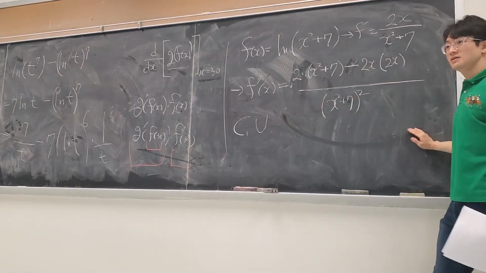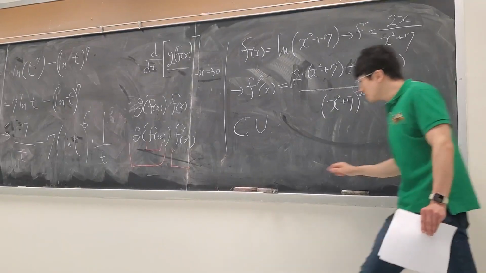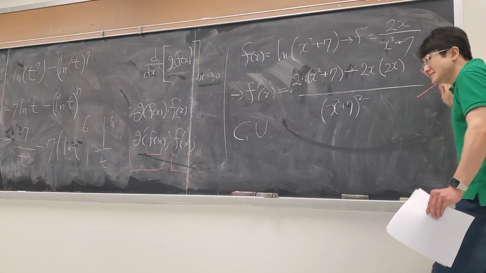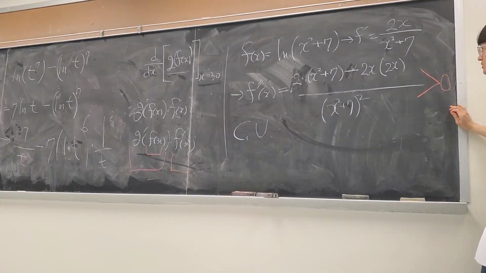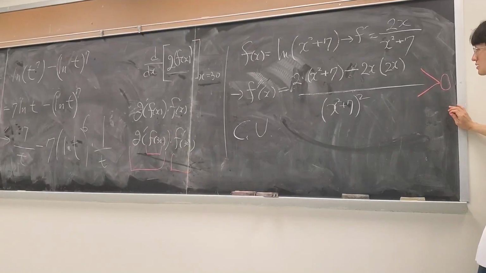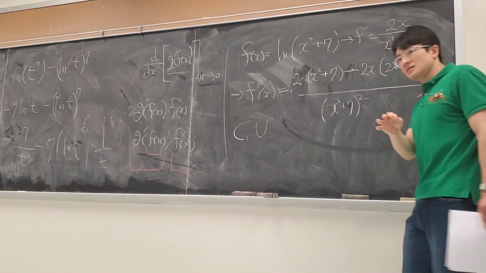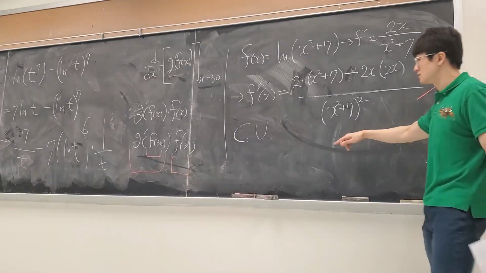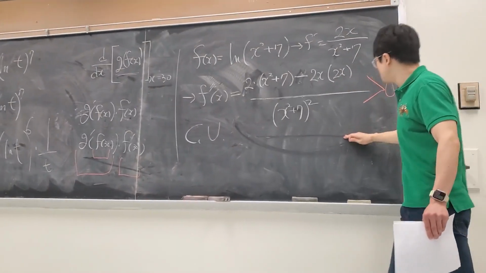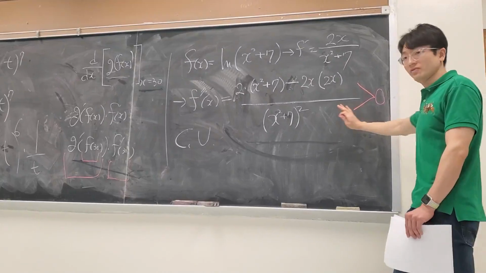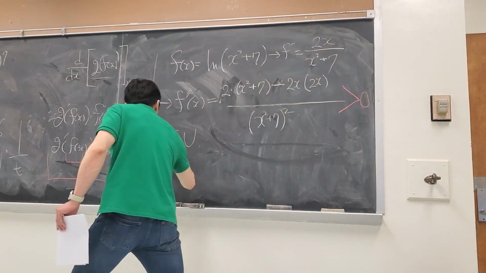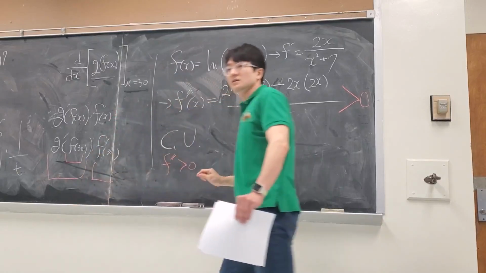Yeah, we want to find which x makes this greater than 0. You have to find the inflection point. Yeah, that's also another way to find it. But if I want to go straight to the answer, then I just set this thing greater than 0 and solve it, because concave up means f double prime is greater than 0.